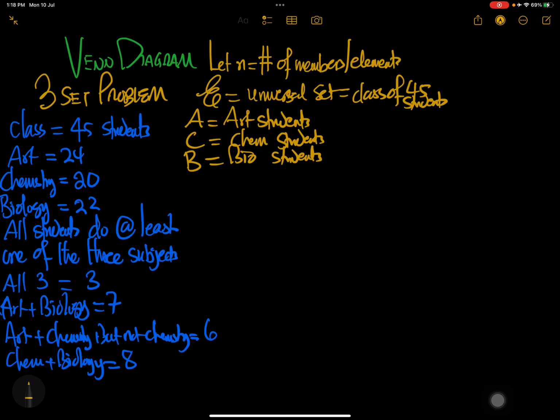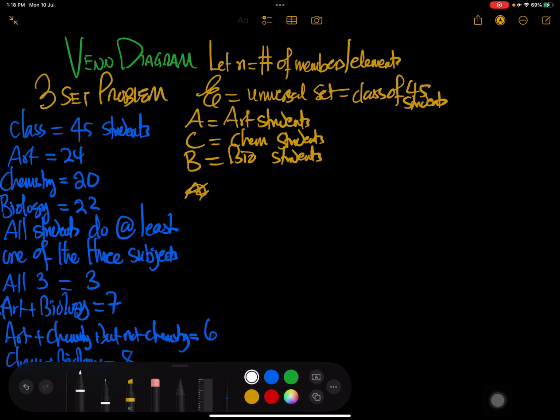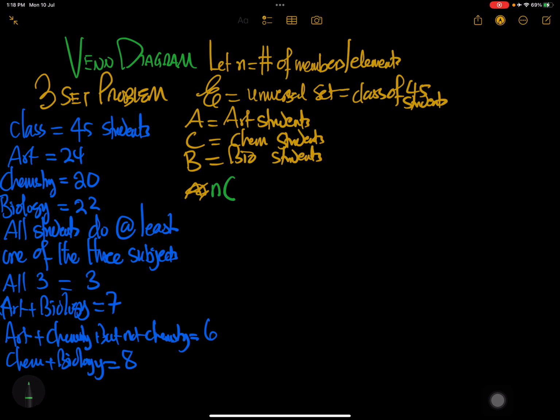Okay. Now, it says all students do at least one of the three subjects. All 3 is equal to 3 people. So we are saying that A intersection. Okay, so let's begin to do the notation properly. So we're going to have, let's say, the number of the universal set, the number of class people is 45.